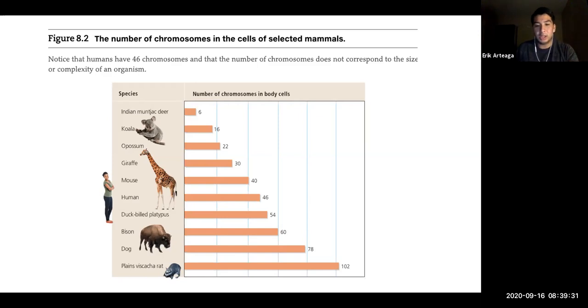These extra chromosomes don't equate to anything, right? They're just separate components of the genetic information that may produce the same amount of protein or same amount of genes. It's just how they're organized in that specific organism.